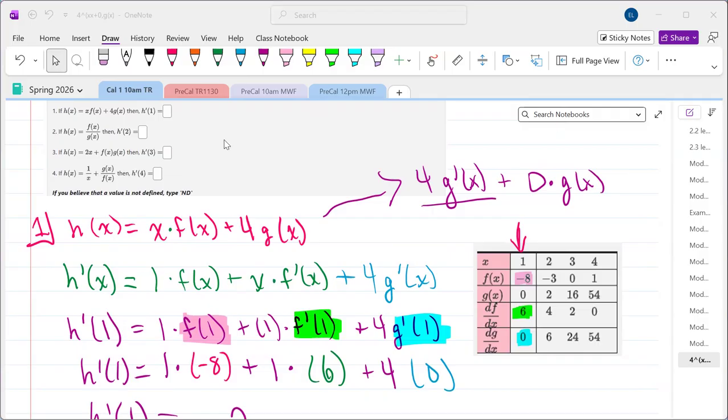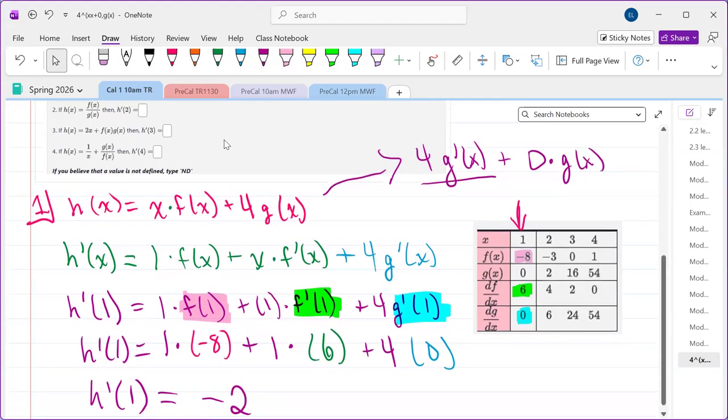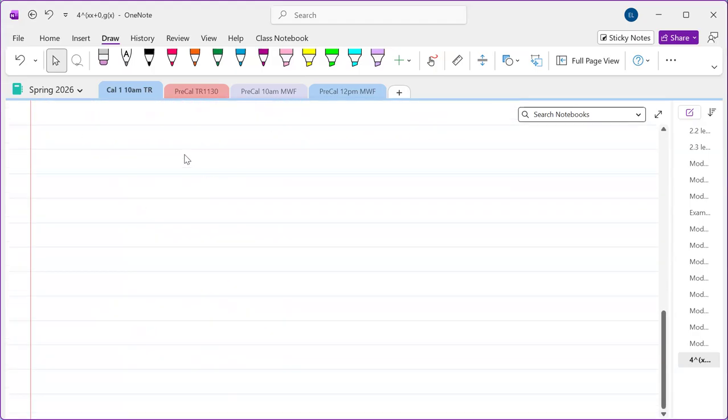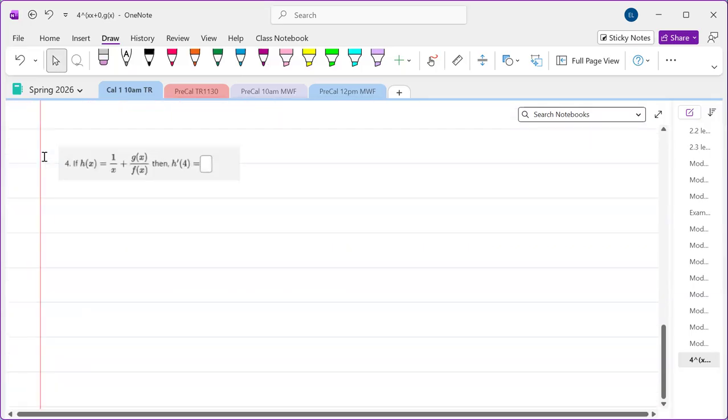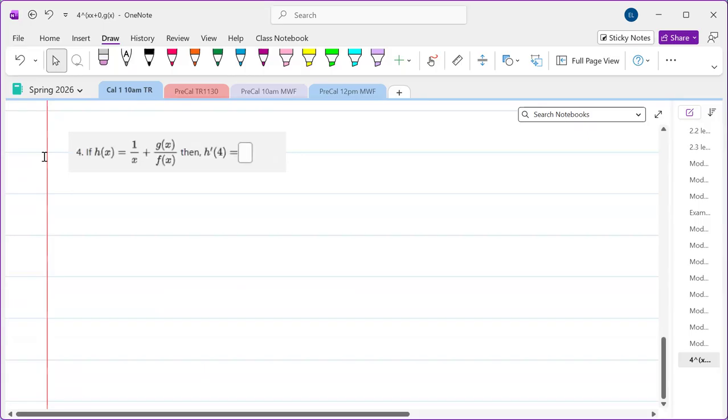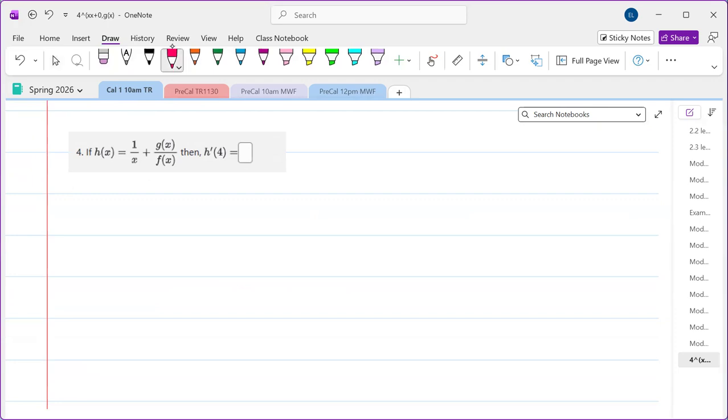All right, let's take a look at number 4 on this one. It's got a quotient rule and a 1 over x. So remember, 1 over x, we could rewrite as x to the negative 1 power.